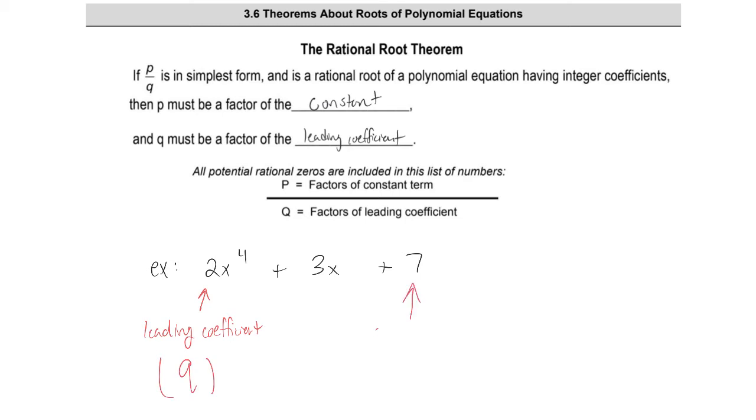And then our constant, we know is just a number with no variable, and that is our p. To find the list of possible rational zeros, we put all the factors of p over the factors of q. So it'd be the factors of 7 over the factors of 2. And that's how we find the potential rational zeros. Okay, so this is called the rational root theorem.